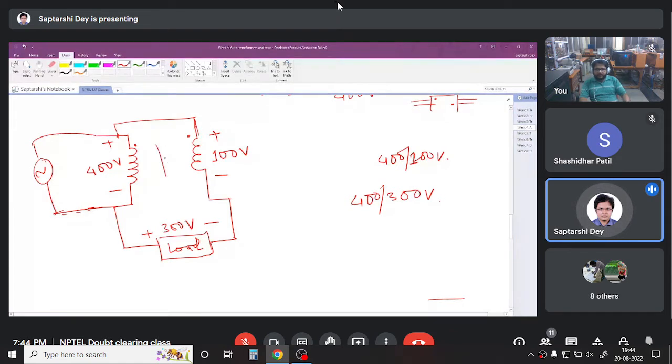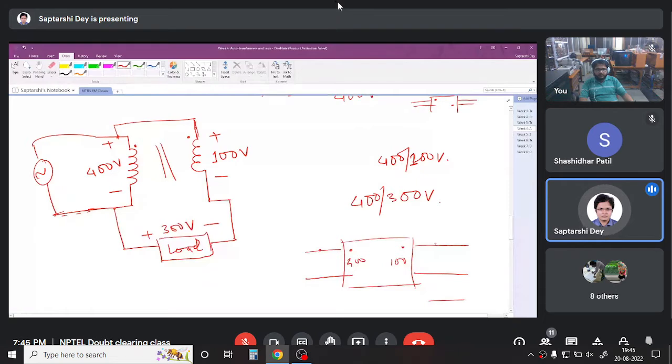You see here again, the dot convention has become important. Once we have drawn this, say in my calculation, I find out, okay, I have to connect like this, then I have the actual transformer where the dot conventions are painted. The 400 is written on the transformer. So I know from my drawing that I have to connect this winding with this winding.